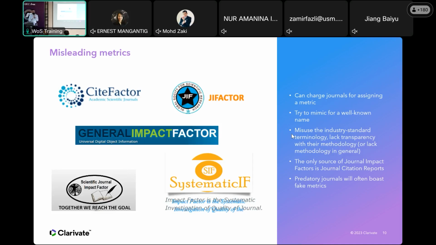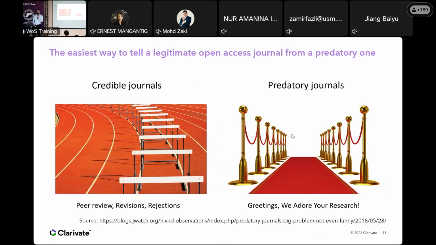That's the easiest thing, because the only source of the journal impact factor is Journal Citation Reports. So that's quite easy to check. They will often boast fake metrics, and sometimes the websites that promote these metrics can charge journals for assigning them the metric, which is funny.